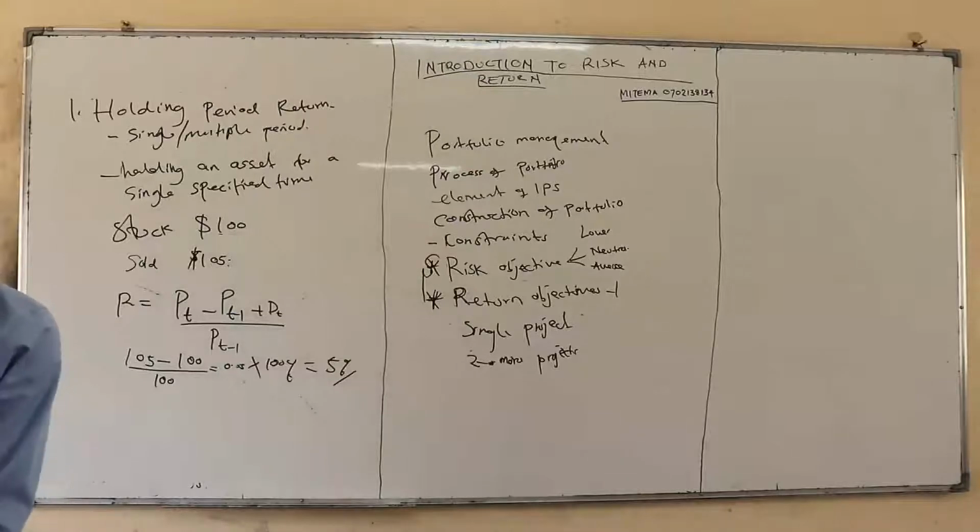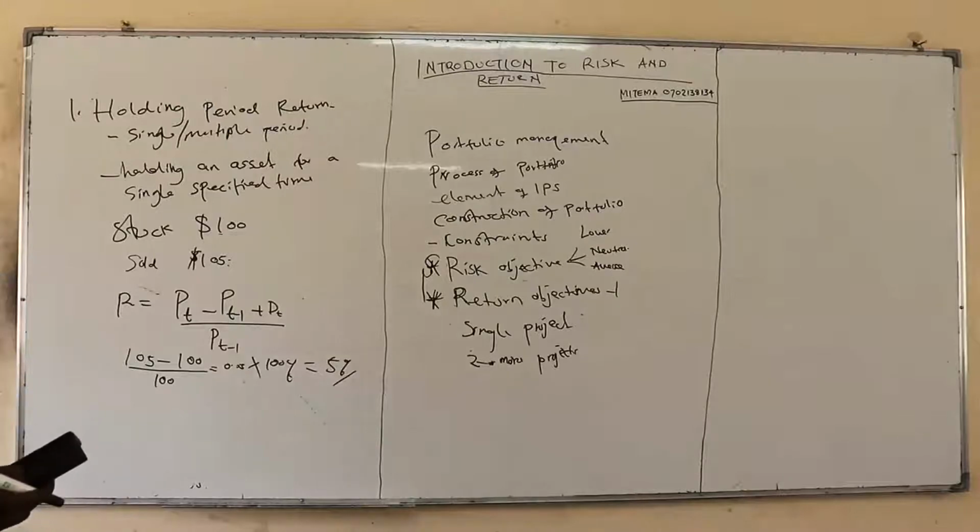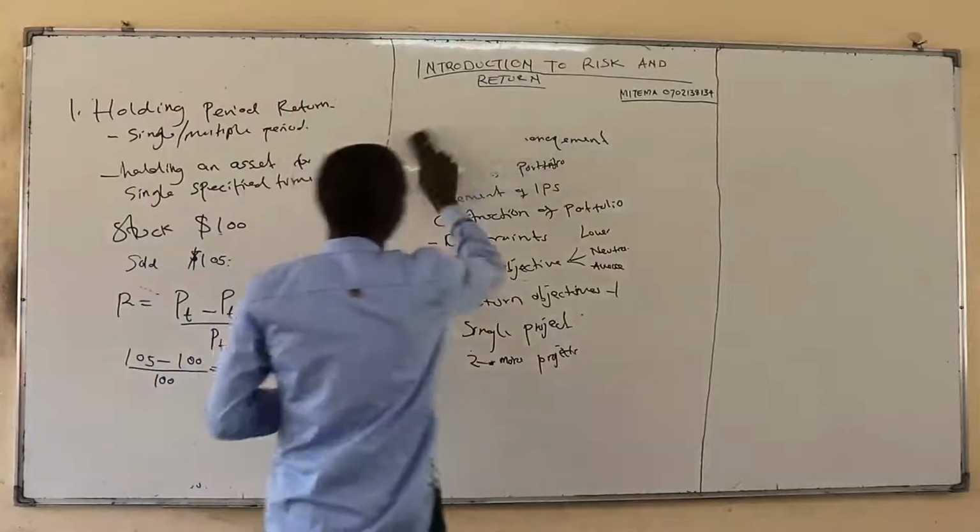And then we have what we call arithmetic mean return. But before we look at arithmetic mean return, the holding period could be more than 1 year. If it's more than 1 year, then you could compute a 3-year holding period return as given by this formula.